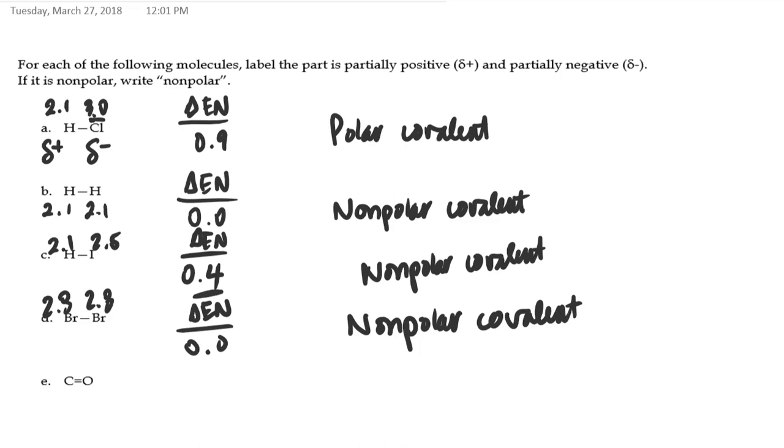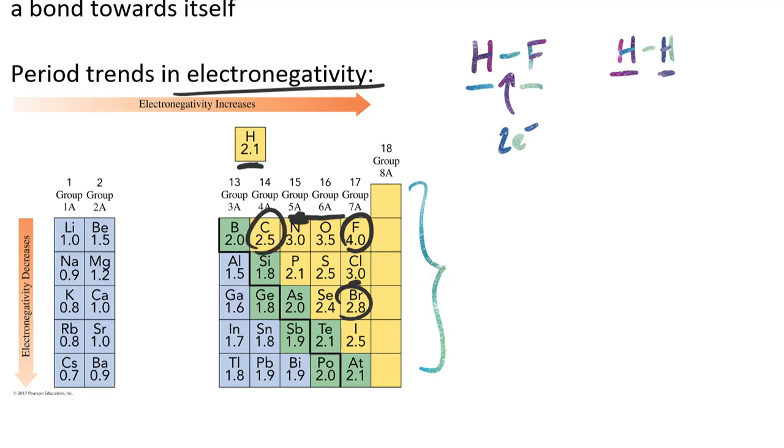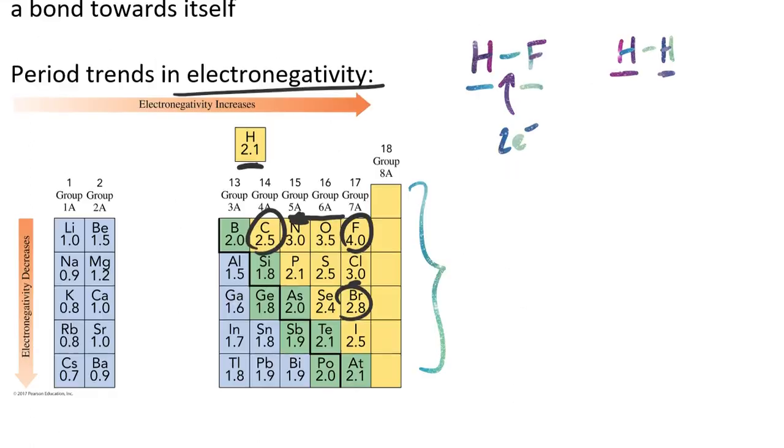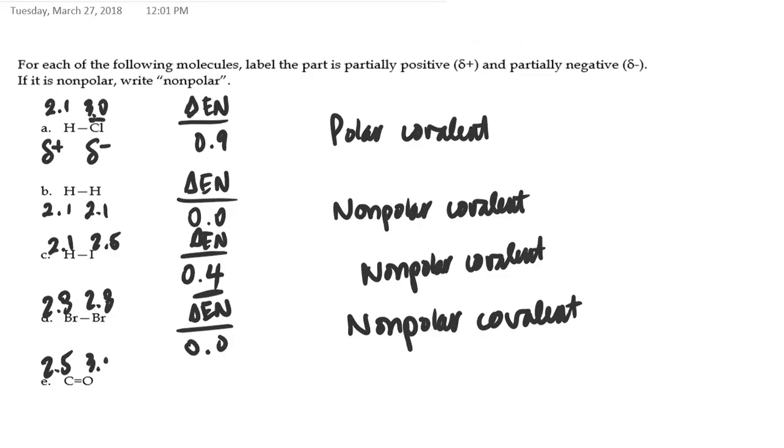And if I take a look at a carbon-oxygen double bond, notice that the presence of the double bond doesn't really change anything. I'm still going to apply the same system. Carbon has an electronegativity of 2.5, and oxygen has an electronegativity of 3.5. And so that means that for this bond, the difference in electronegativity would be 1.0.